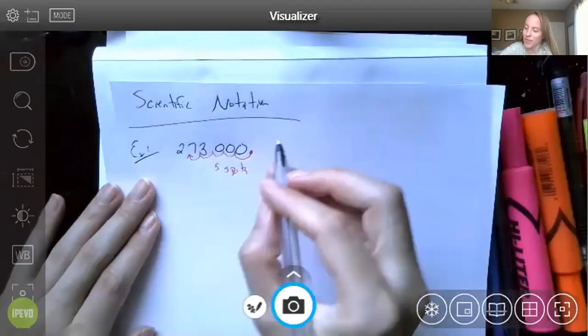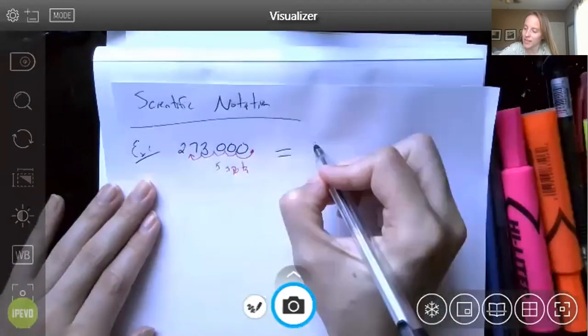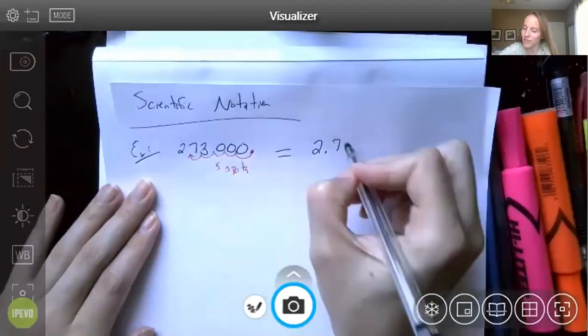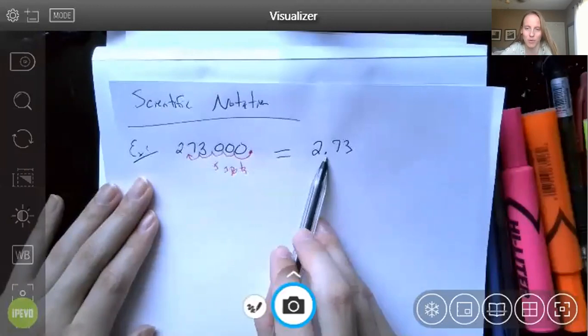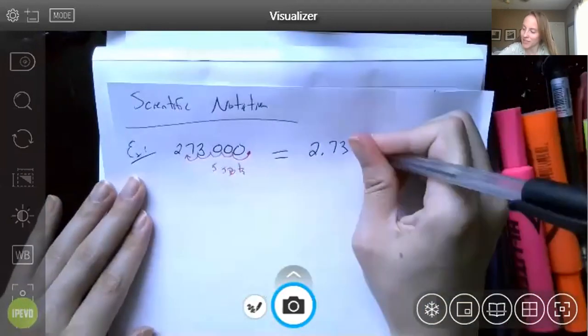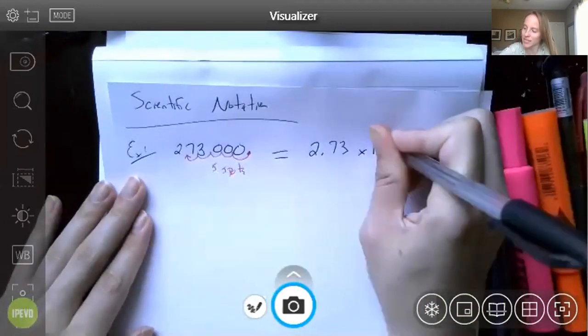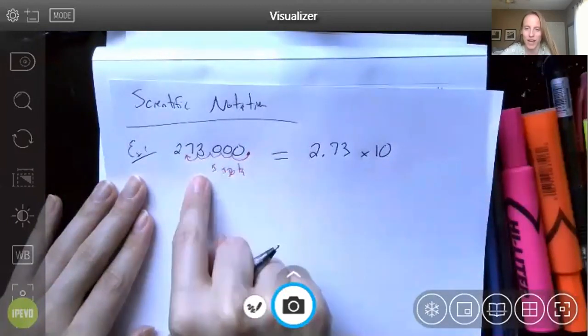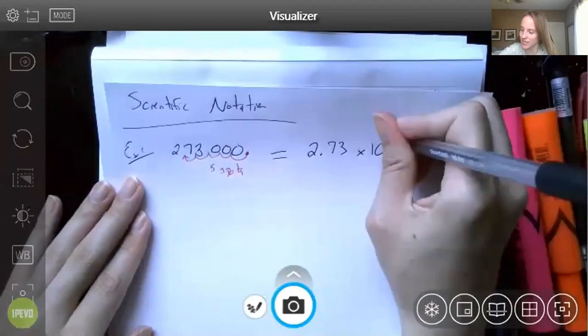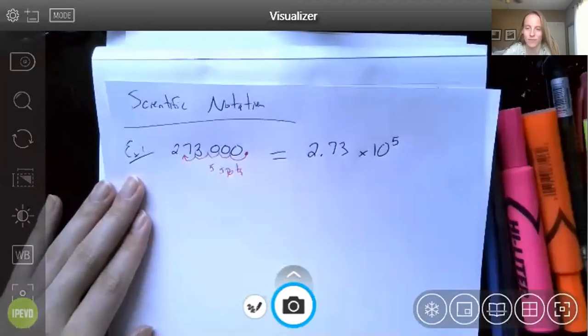And so how I would then write this is 2.73, keeping 1 or 2 decimal places after my decimal. And then scientific notation is always times 10 to the power of something. And because I moved this 5 places, it is times 10 to the power of 5.